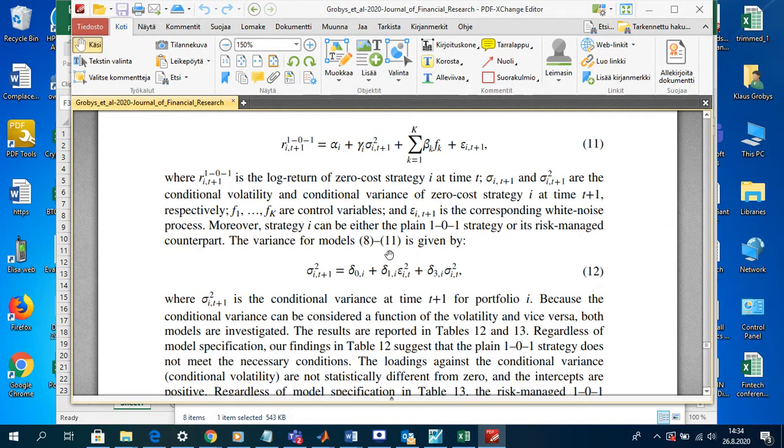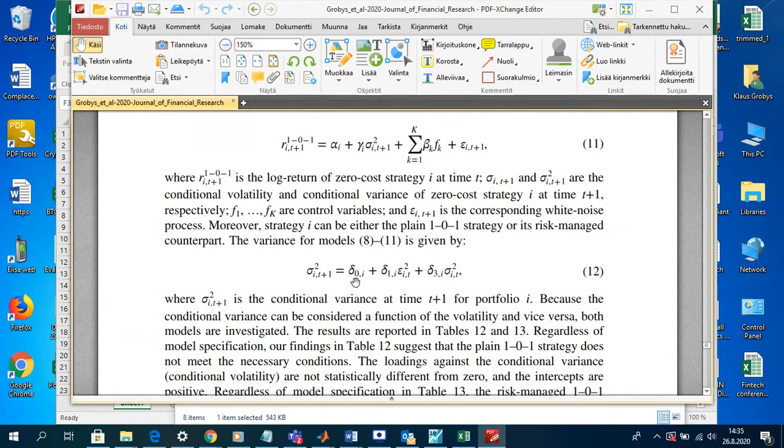So that's the standard model for the variance, where we model the variance, sigma squared conditional on time t plus 1.